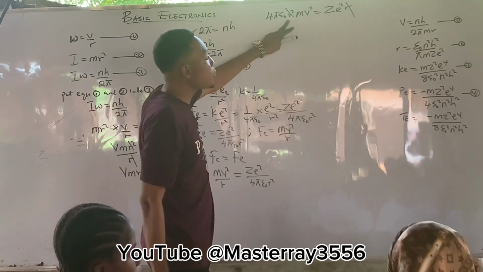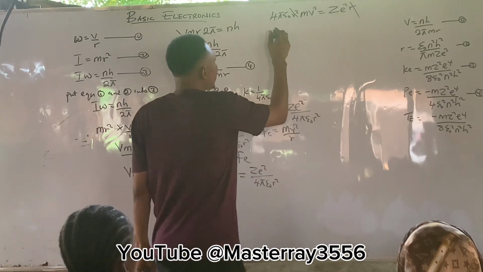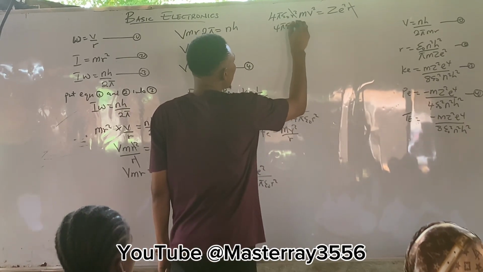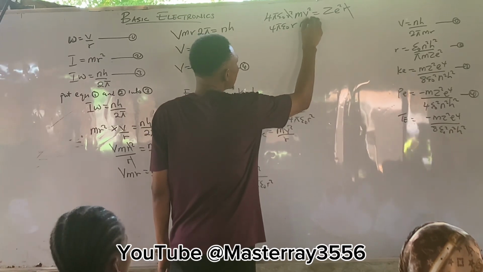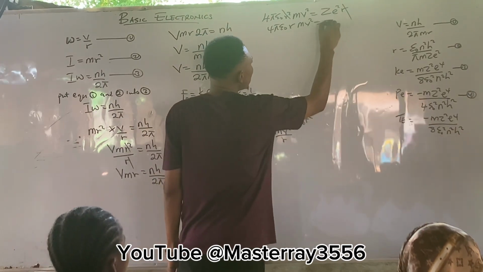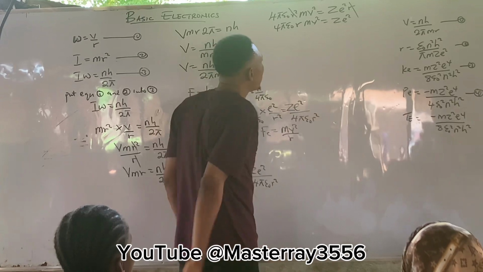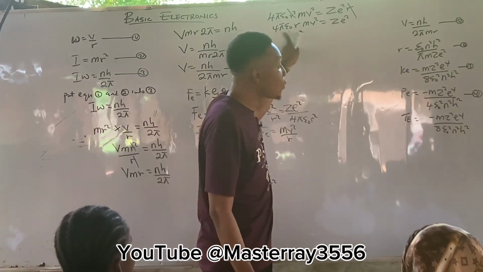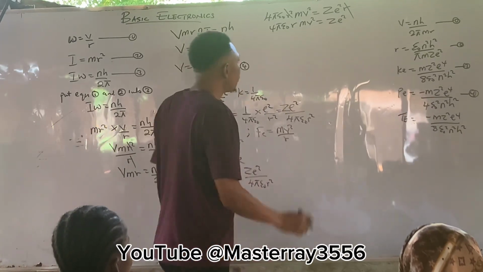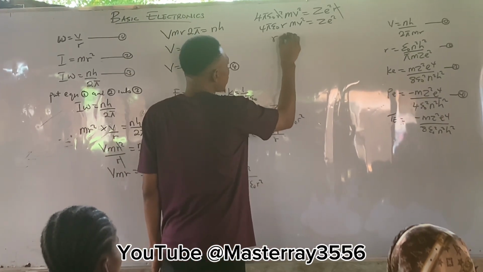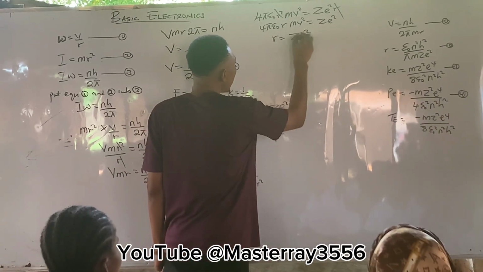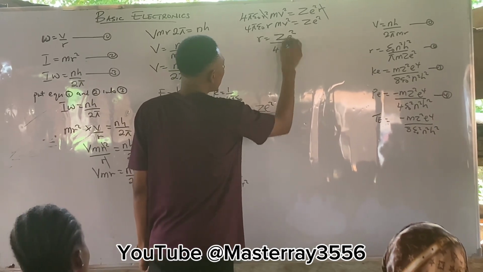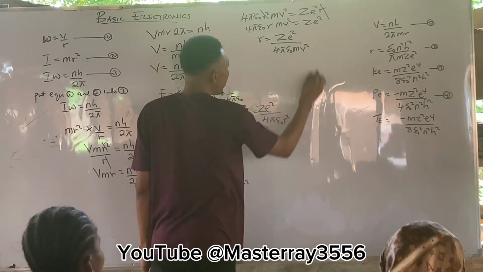How many r will be left here? 1. So this is 4πε₀r mv² equals what? Normally we are looking for r now, right? You divide everything by what you have here, so our r will be equal to Z² over 4πε₀mv².